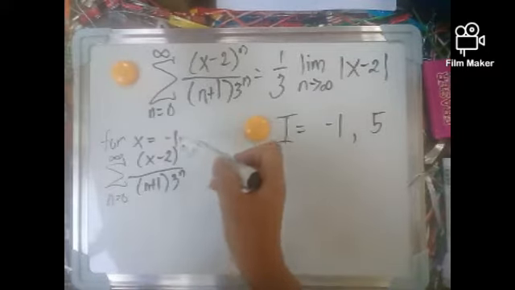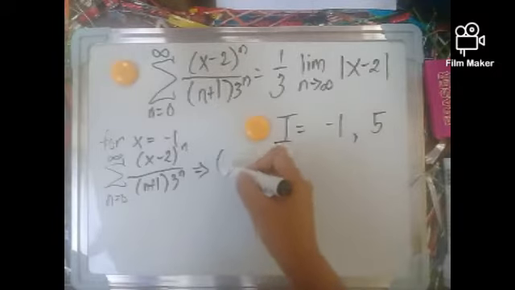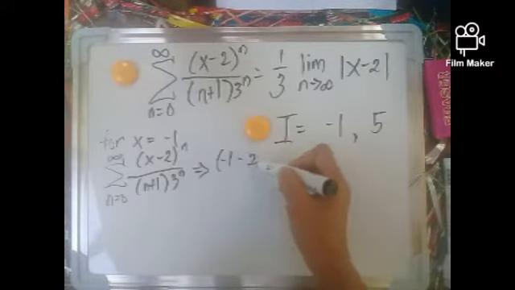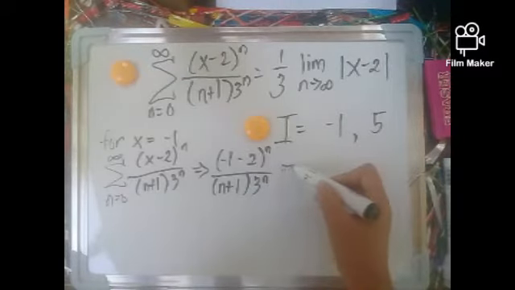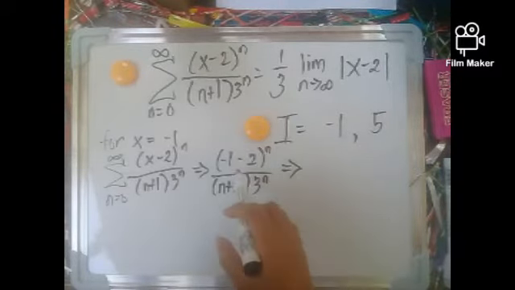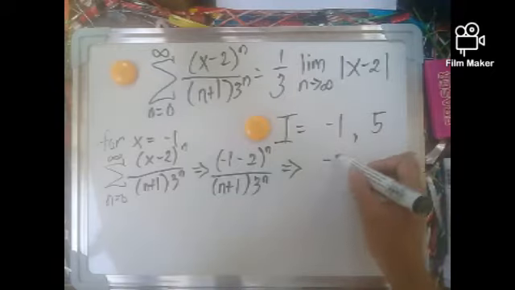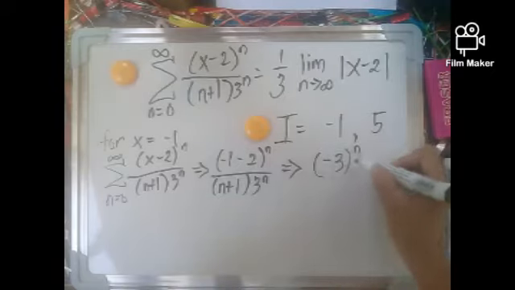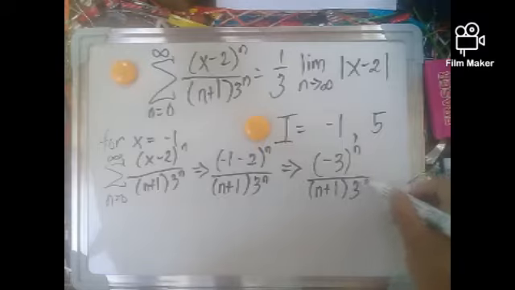So we're going to plug in the negative 1 value to x. So we have negative 1 minus 2 raised to n over n plus 1 times 3 raised to n. And then negative 1 minus 2 is negative 3 raised to n over n plus 1 times 3 raised to n.